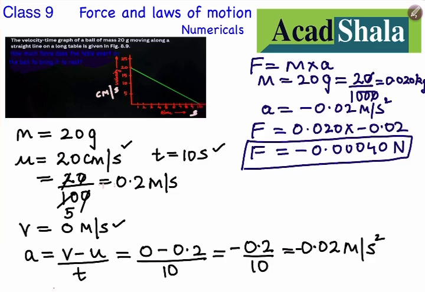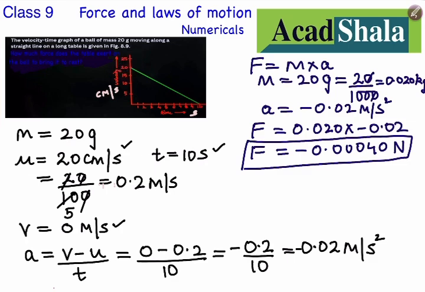Now what is given in the numerical? The mass is 20 grams. So let us write down the values one by one. Mass is 20 gram, u is 20 centimeter per second.